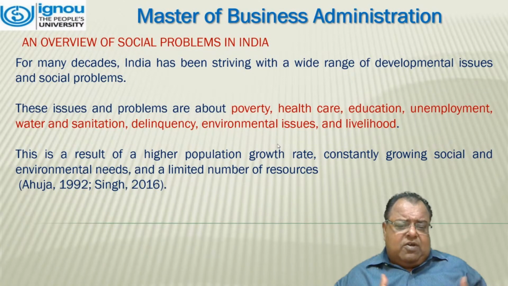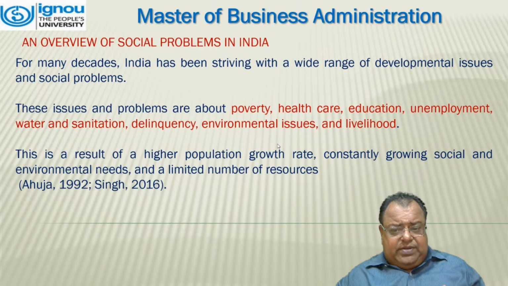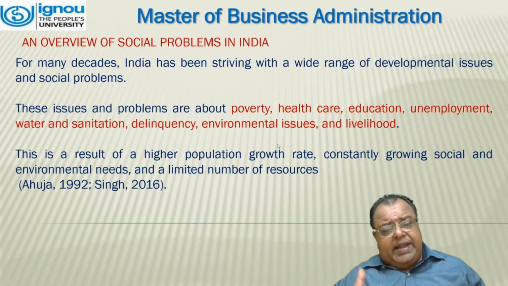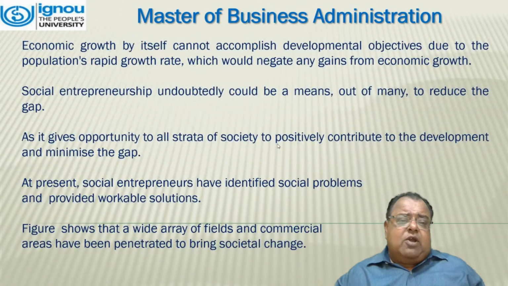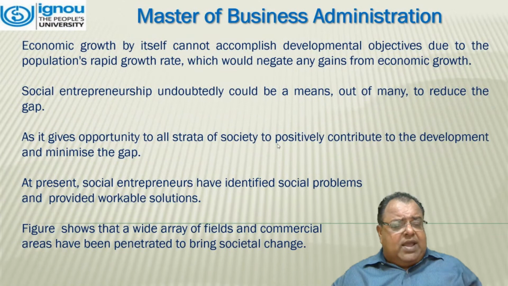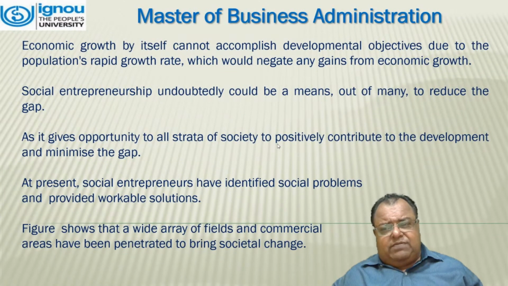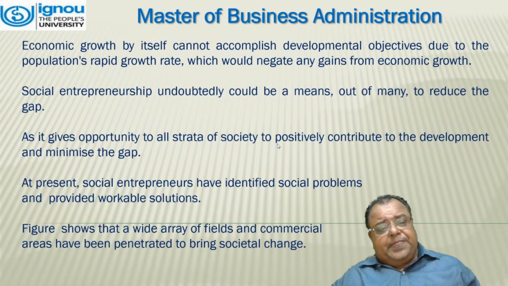This is a result of a higher population growth rate, constantly growing social and environmental needs, and a limited number of resources. Economic growth by itself cannot accomplish development objectives due to the population's rapid growth rate, which would negate any gain from economic growth.